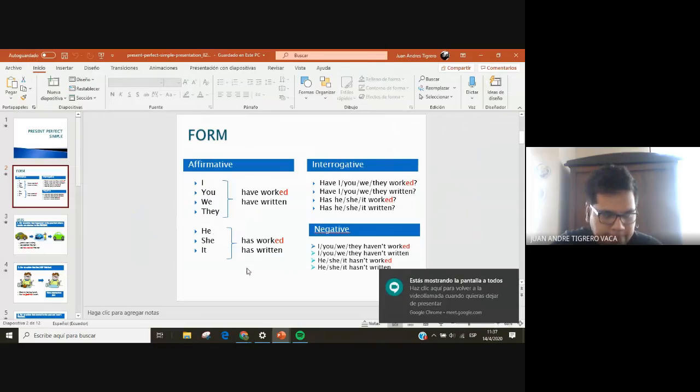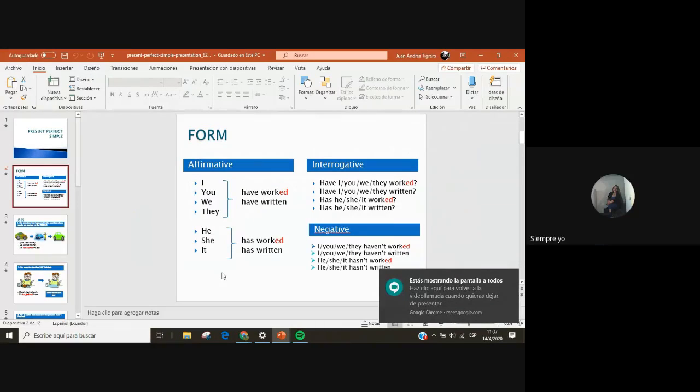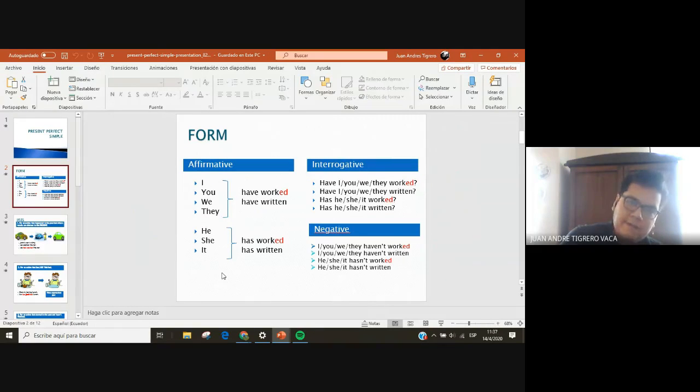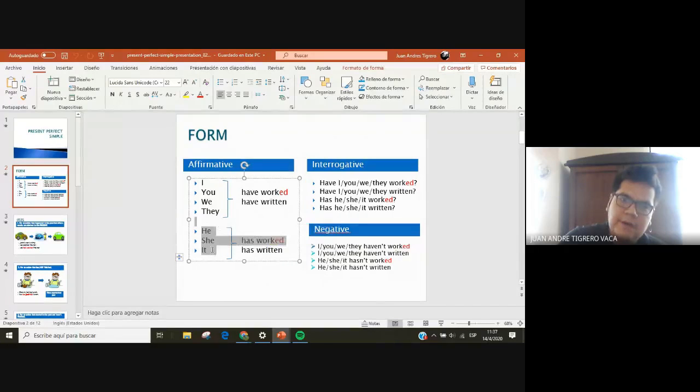Has is a third person, right? He, she, it is a third person, because you're talking about someone else. It could be a male, a female, or a thing, or an animal.